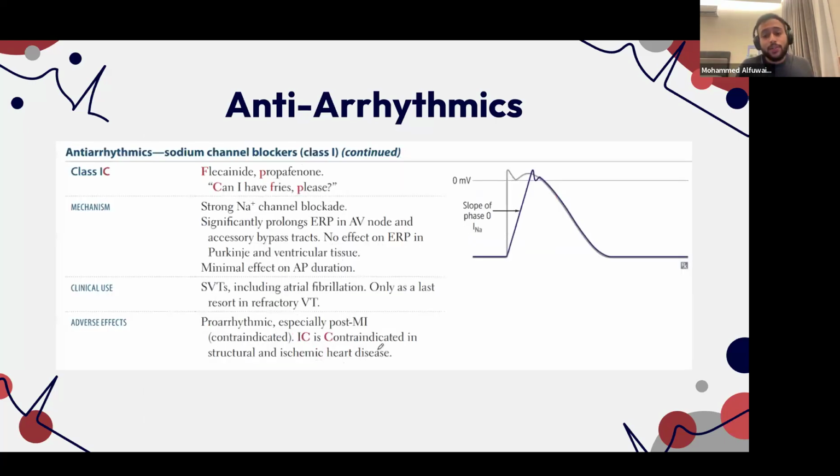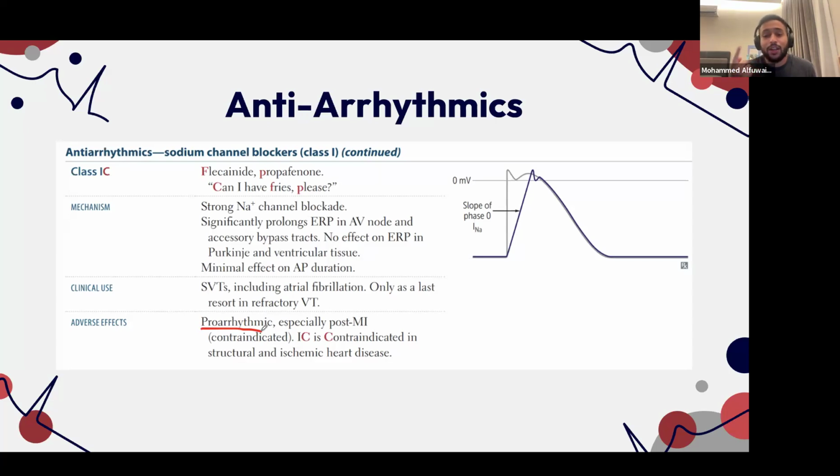Now, class 1C is the strongest binding to sodium channels. Opposite to 1B, this is contraindicated in ischemic tissue. Contraindicated. So post-MI, you never give this. Why is that so? This drug is pro-arrhythmic. When you have, and we'll talk about MI complications, the most acute complication that can happen is sudden death. Why is that?